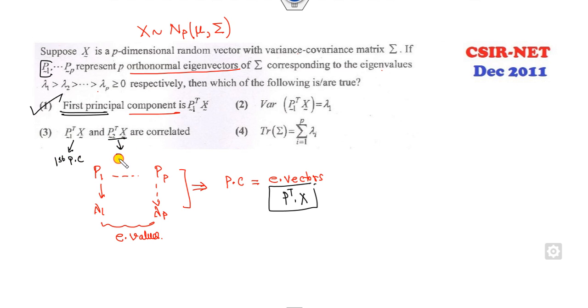p1 transpose x is the first principal component, p2 transpose x is the second principal component, and the principal components are orthogonal to each other. If they are orthogonal, it means they are uncorrelated to each other. But the option said they are correlated, so this option is cancelled.